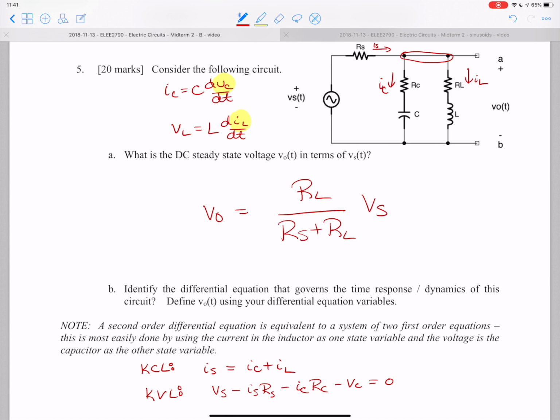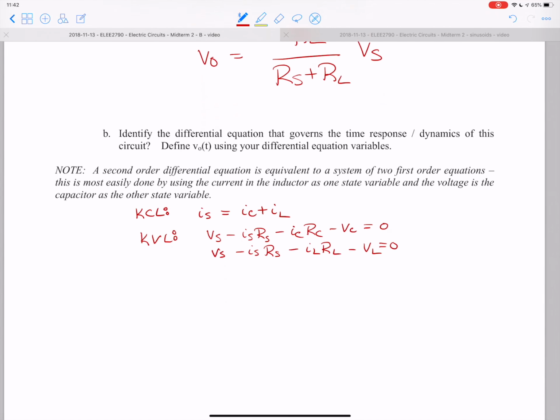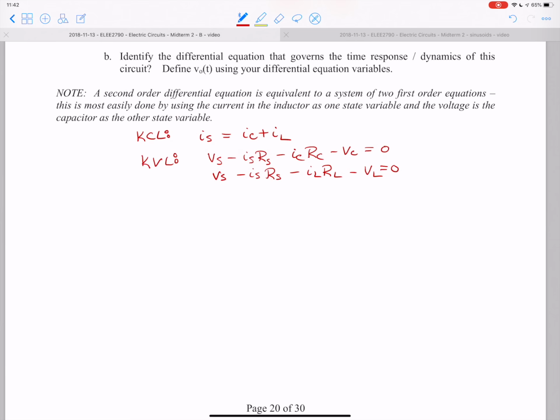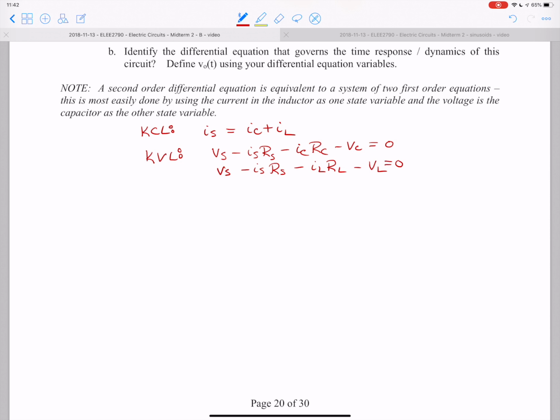And if we look at that second loop, we have Vs minus Is times the source resistance minus IL times the inductor resistance minus VL is equal to 0. Taking these two equations gives us everything that we need in order to set up our differential equation.